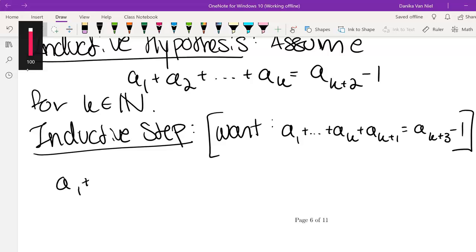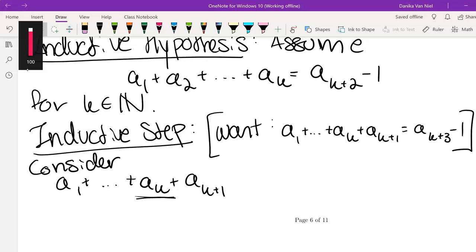So consider a1 plus ... plus ak plus 1. I could leave this in, but I am going to use part of it for something specific. I know something about this, right?